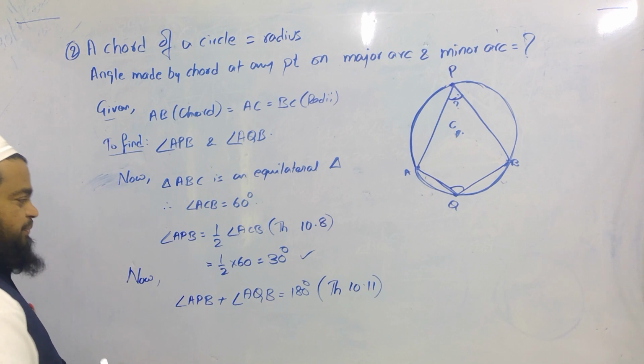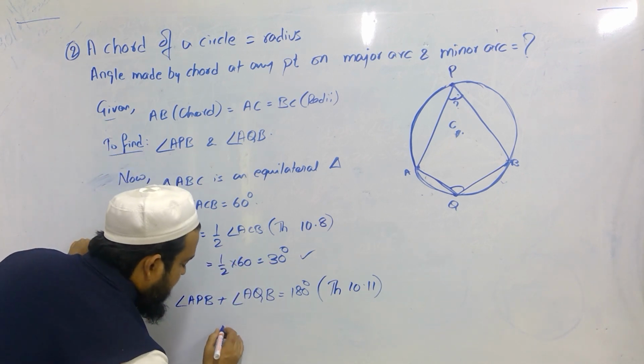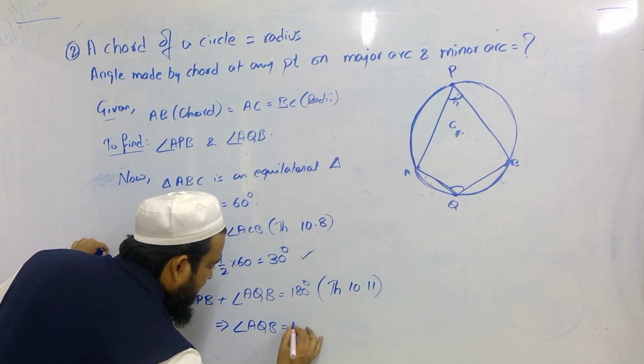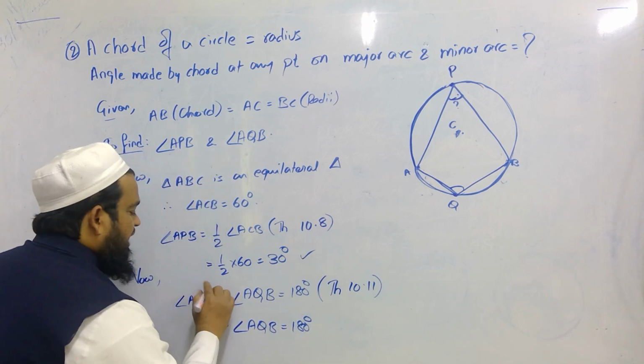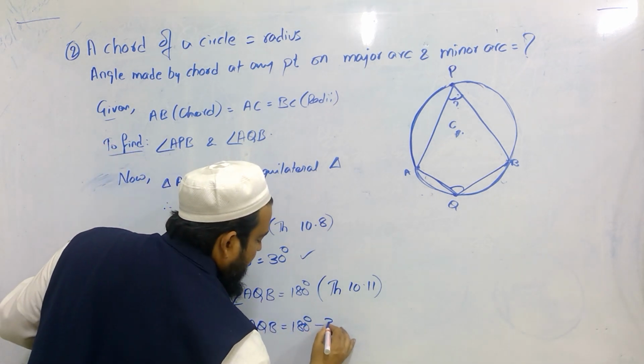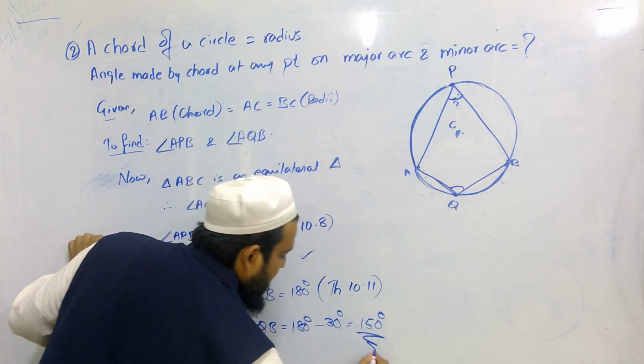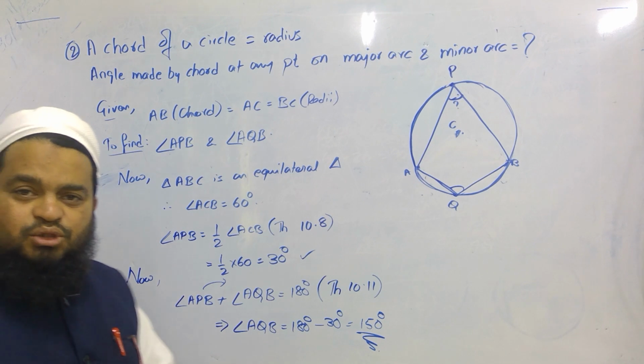APB is already 30 degrees. So angle AQB equals 180 degrees minus 30 degrees, which is equal to 150 degrees. Is it clear, my dear students?